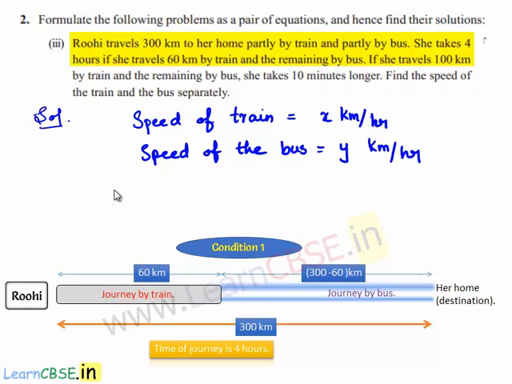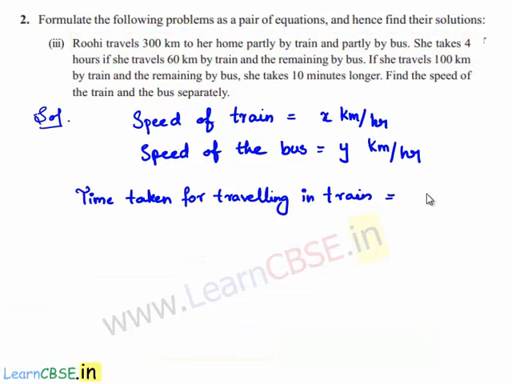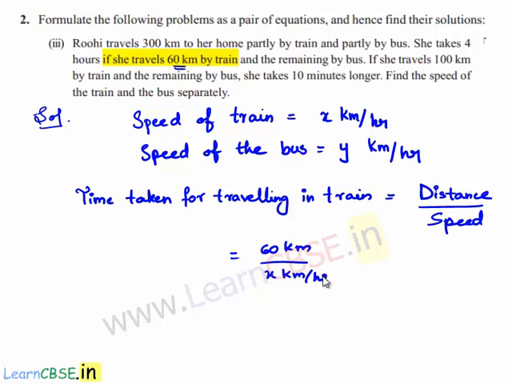So the time taken for traveling in train is equal to distance by speed. The distance is 60 kilometers and the speed is x kilometer per hour. So we get 60 by x hours.